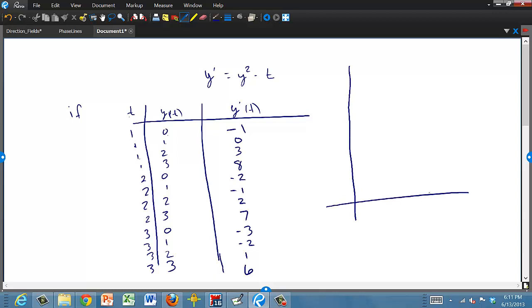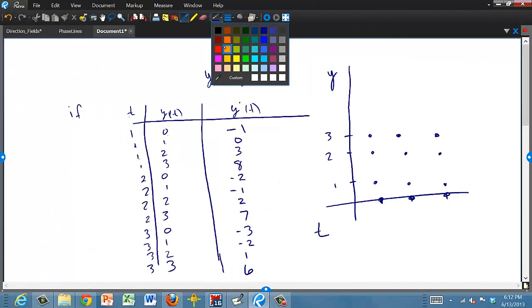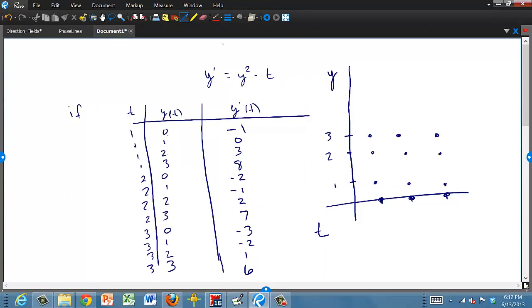So if I draw again my t-axis and my y-axis, I know what happens if it goes through 1, 0, 1, 1, 1, 2, 1, 3. There's a dot here, a dot here, a dot here where I've evaluated y prime. These are the places where I've evaluated y prime.